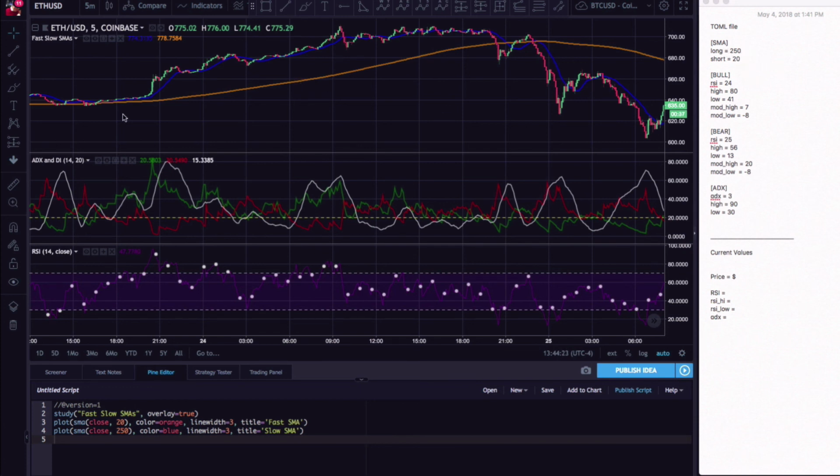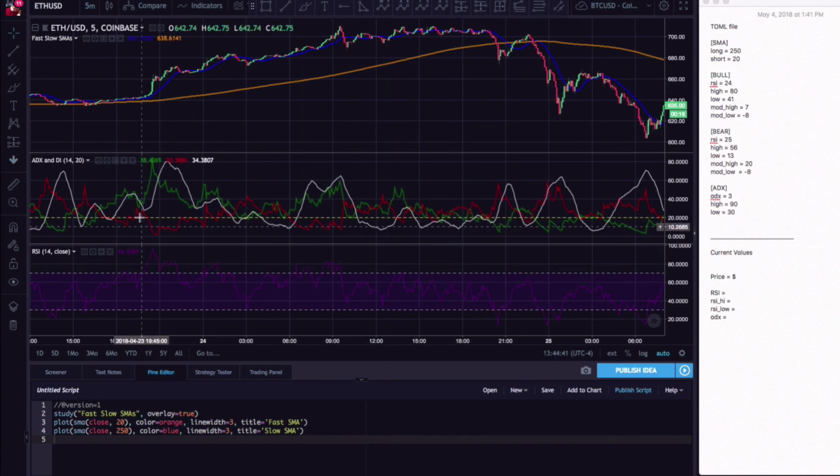The short is 20, which is matched to the blue line. The ADX and the RSI I haven't configured yet. These are just the defaults that come when you enable them in TradingView. On the bottom right, you see that I have the Pine editor open.